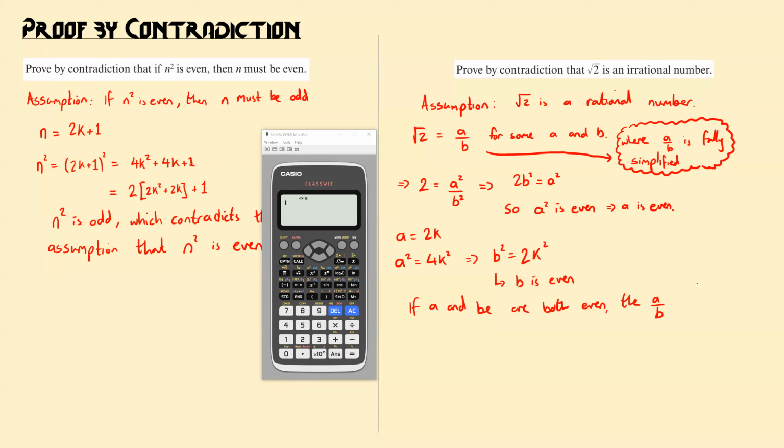So it would simplify further, and that's going to be a contradiction. We'd just keep going around in circles like this, unfortunately. So that's it. It's a contradiction of our earlier statement. Therefore, root 2 is irrational.